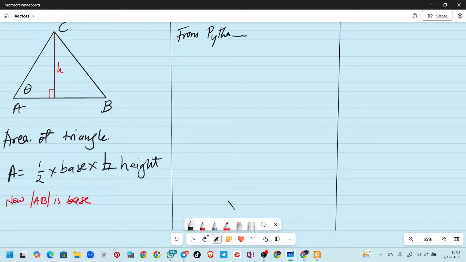You take this triangle into consideration, where this is your H, this is your theta, and here's your 90. We want to use this height and this distance, let's say AC.